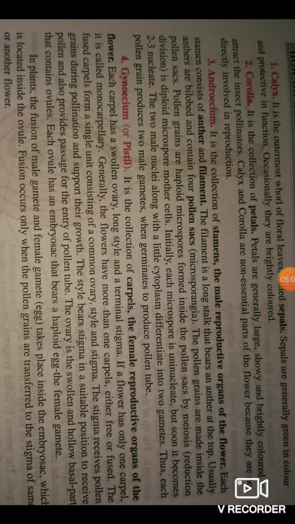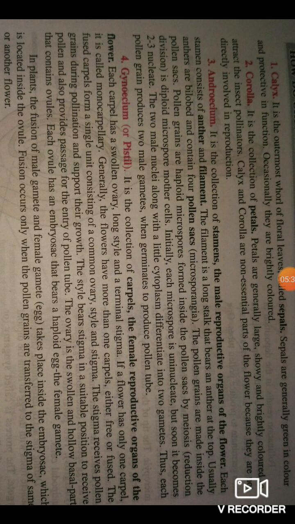The stigma receives pollen grains during pollination and supports their growth. The style bears the stigma in a suitable position to receive pollen and also provides a passage for the entry of the pollen tube. The ovary is swollen and hollow, and its basal part contains the ovule.